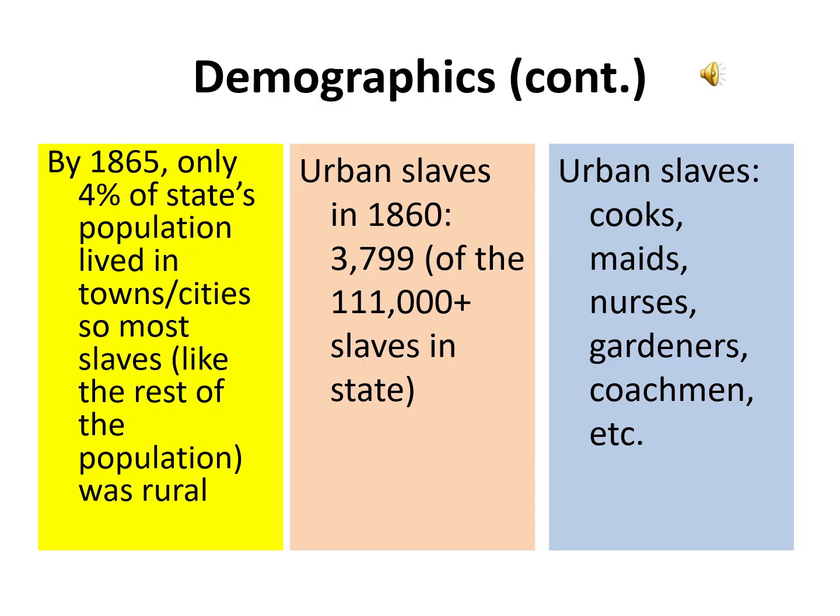So these people actually served families who lived in cities. The urban slaves were cooks, maids, nurses, gardeners, coachmen, etc. And when I say nurses, I mean more like nannies. So, child care, cooks, maids, gardeners, coachmen, handymen, and that kind of work that you might need done in a home.